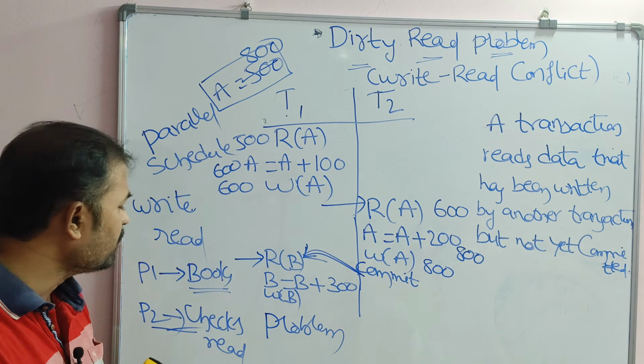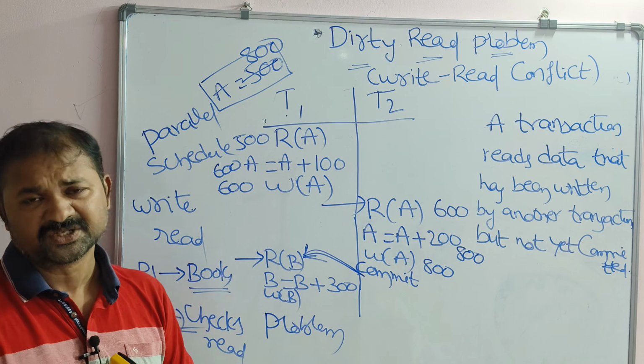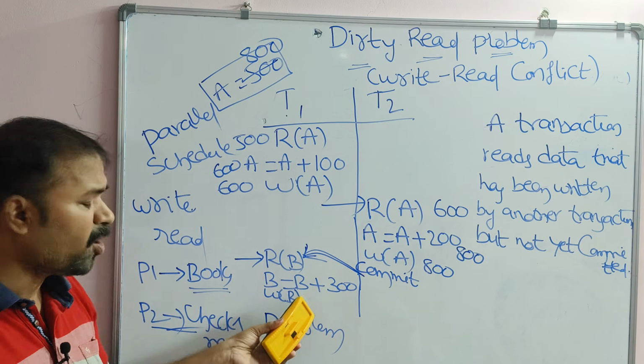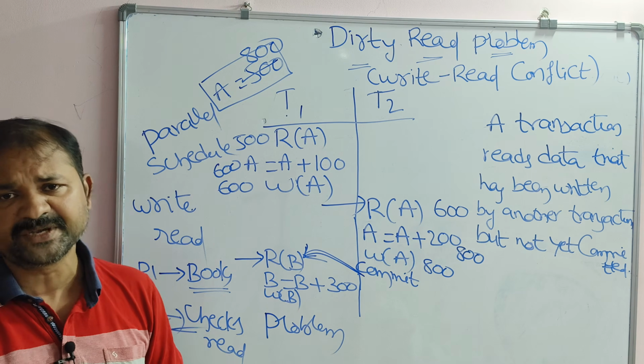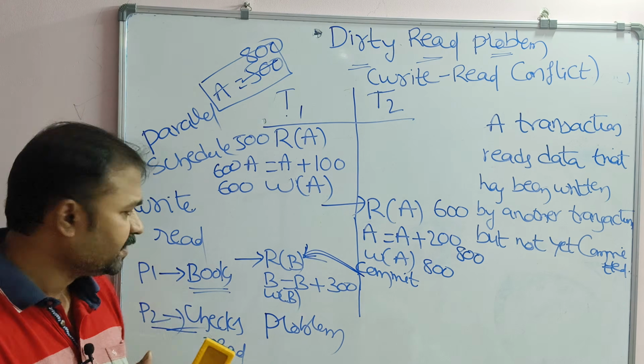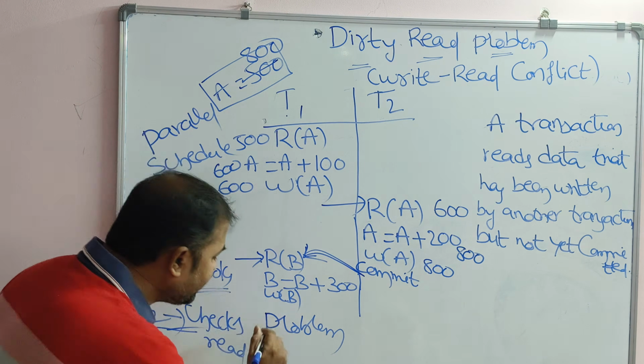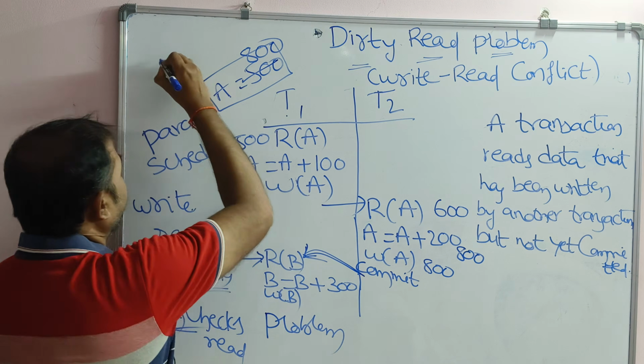Whenever this problem occurs, we know the property of a transaction: all the operations are to be executed without any errors. If there is an error in one of the instructions, then the entire transaction should be aborted.